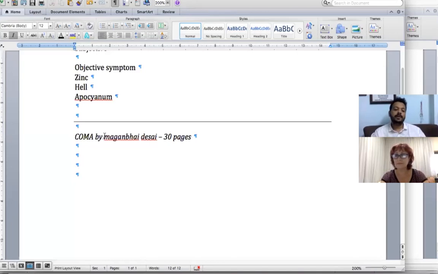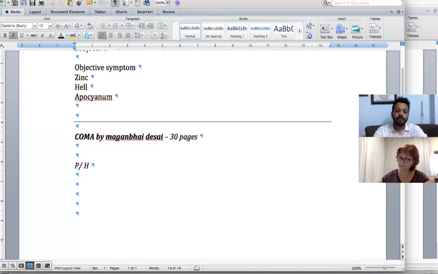A lot of importance will have to be given to a few things here, because for me this is by far the best book to understand how to treat pathological, last stage, terminally ill patients in the hospital. You have to give a lot of importance to the past history of the patient, the past history of illnesses, and family history of illnesses.